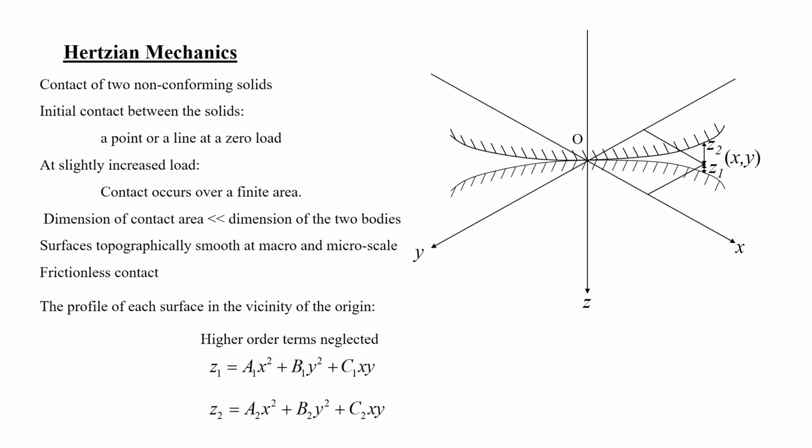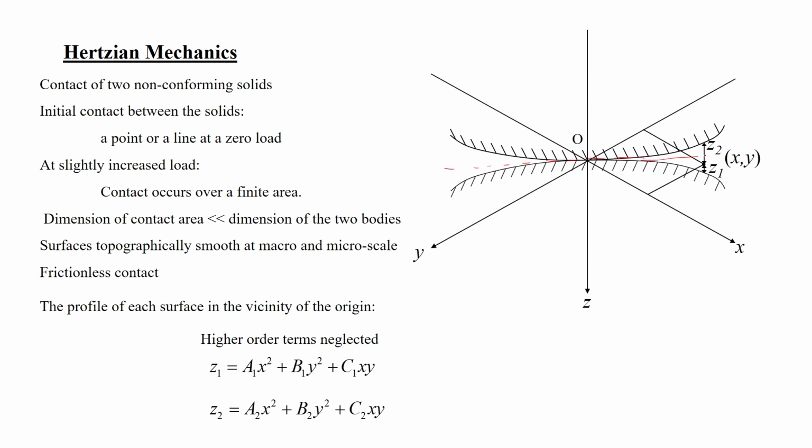Basically we write it not as A1, we write it as A1, B1 and C1. So, let us say Z1 is represented as A1 x square plus B1 y square plus C1 xy, and Z2 is represented as A2 x square plus B2 y square plus C2 xy. So, this is basically a parabolic profile, and this Z1 and Z2 is measured from where?